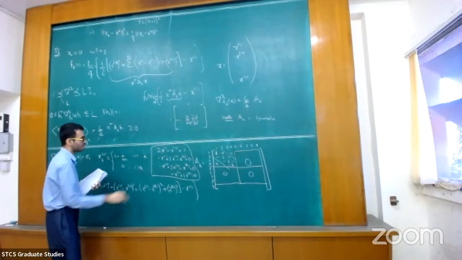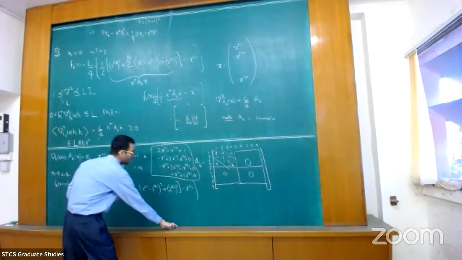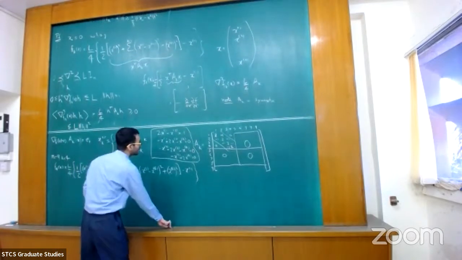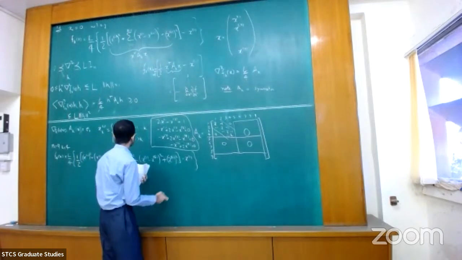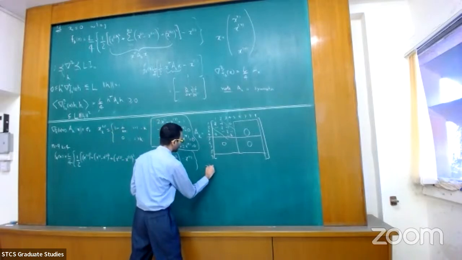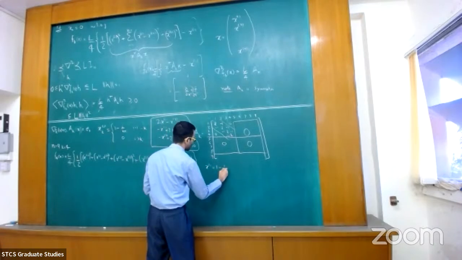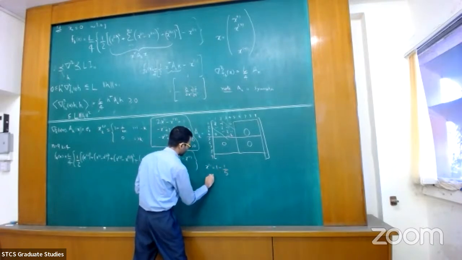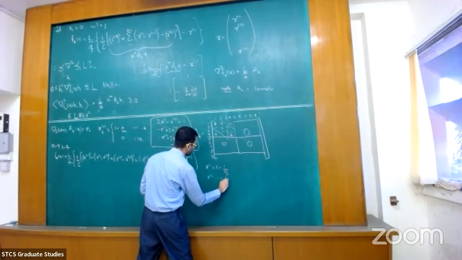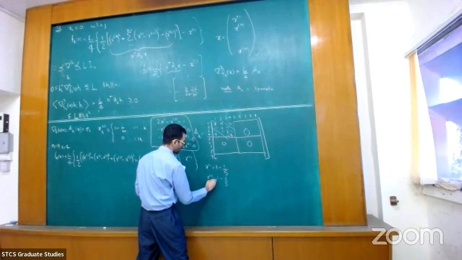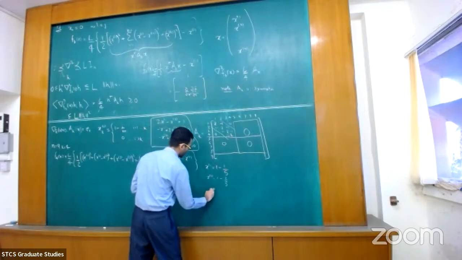Let's just verify. So in the example, x1 is 1 minus 1 over 5, x2 is 1 minus 2 over 5, and so on, until x4.